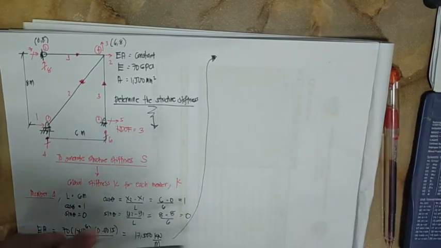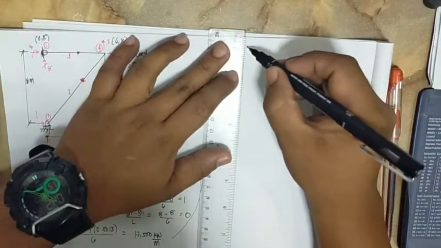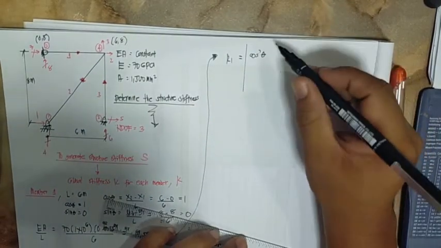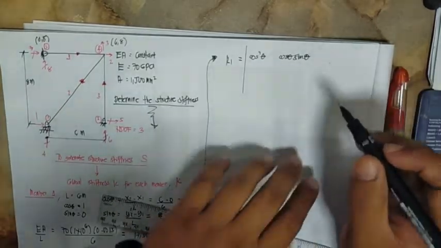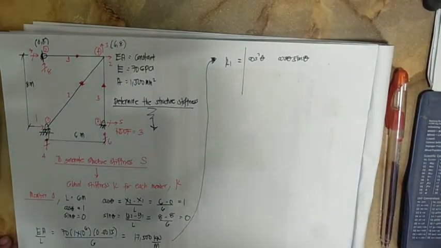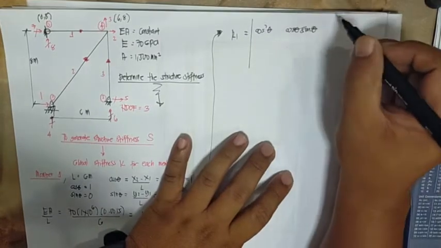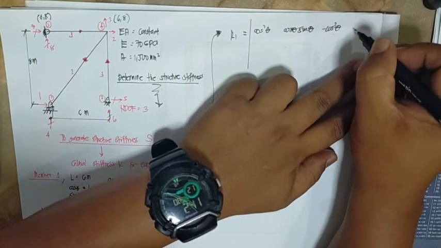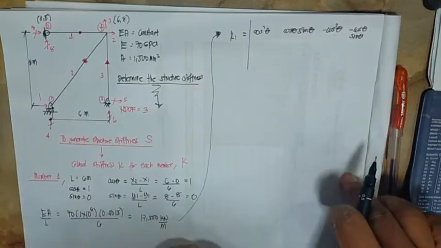Okay? The member K1. Remember that we have, what is our formula? We have here cosine squared theta, cosine theta sine theta. Is it visible? Is it still visible? Okay, sorry. What else? Negative cosine squared theta, then negative cosine theta sine theta, then, of course, the bracket.